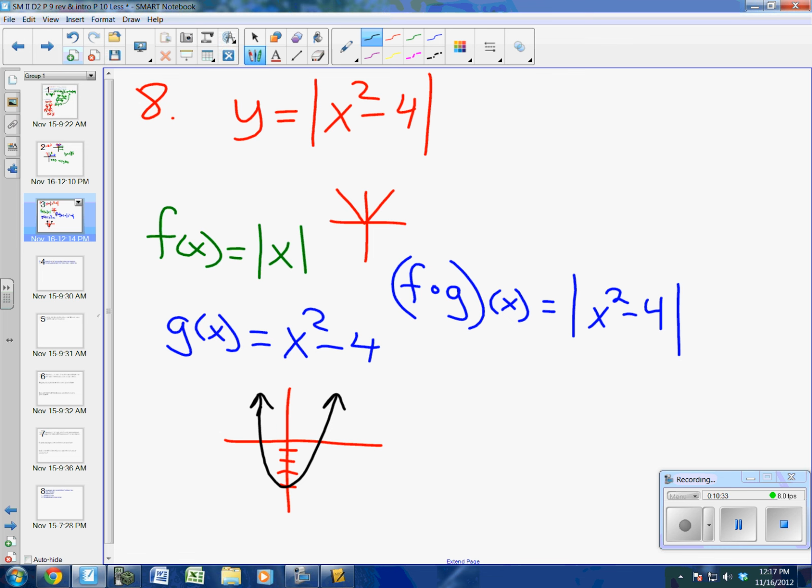If all of a sudden you put this one into that one, g into f, now you're taking the absolute value of things, and all your y values are going to be positive. See all these y values down here? They are negative. Well, if we took the opposite of them and made them positive, it would flip. And that's why it gives that W shape. It's because it flips the bottom of that parabola up like that. Yes.